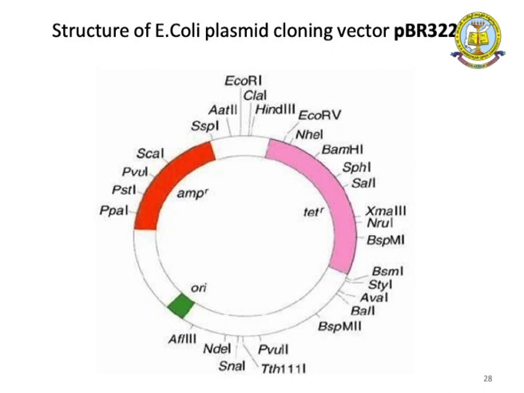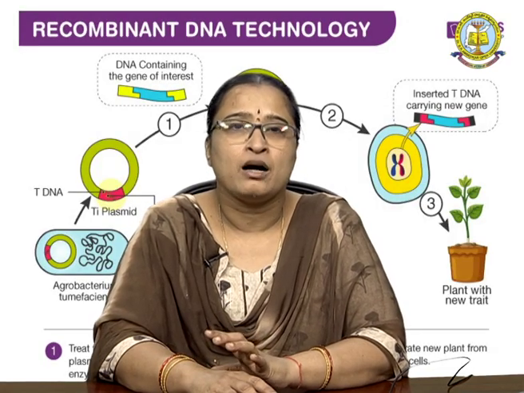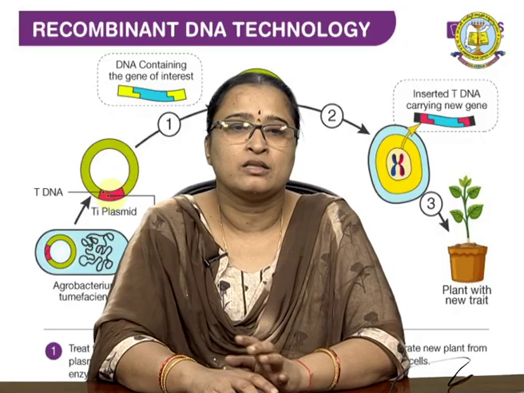The green color is the ori, the origin of replication in E. coli. This is the total plasmid cloning vector, called the pBR322 vector.